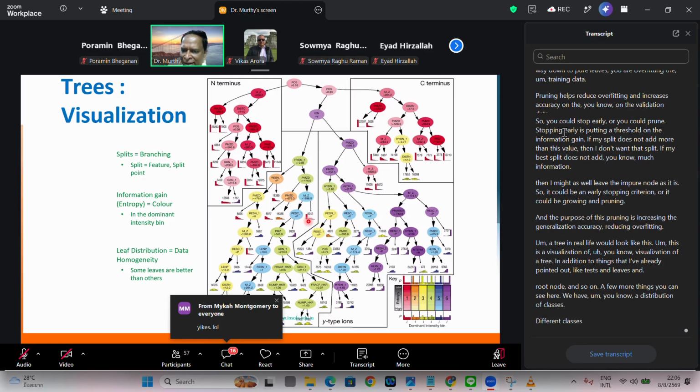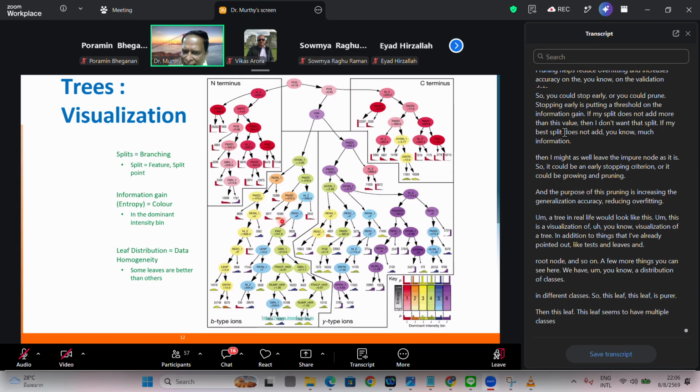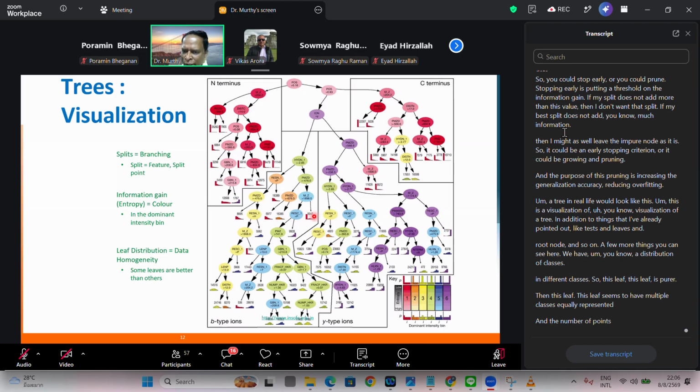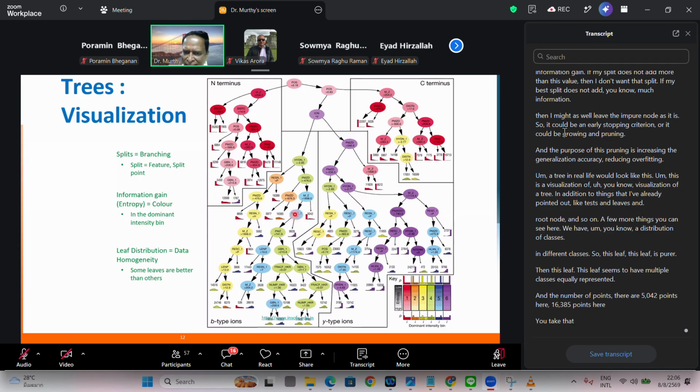So this leaf is purer than this leaf. This leaf seems to have multiple classes equally represented. And the number of points, there are 5,042 points here, 16,385 points here. You take a certain number of points and keep splitting.